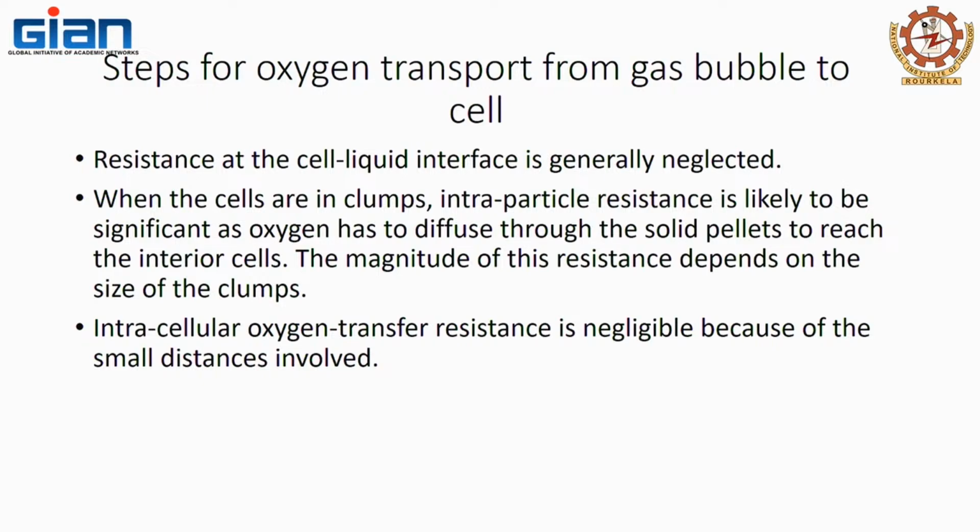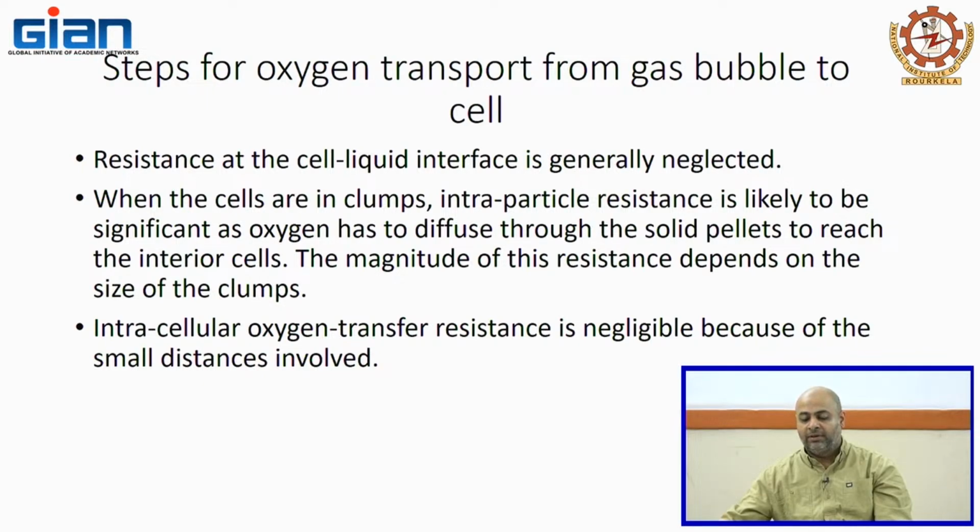Now the other step for oxygen transport from gas bubble to the cell is the resistance at the cell liquid interface, which is generally neglected. Not the liquid film, but the resistance at the cell and the liquid interface. If this is your cell, the cell and the liquid interface resistance is generally neglected.